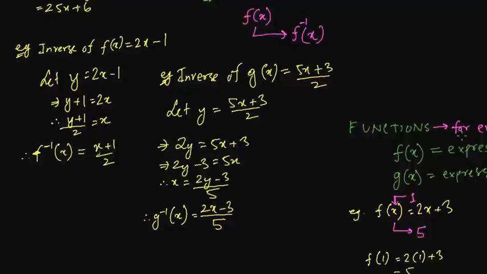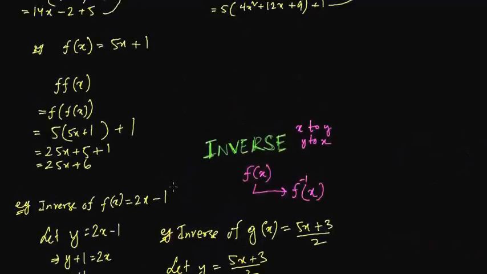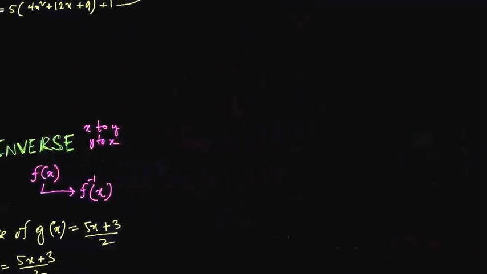So a recap of what we have been doing. The first thing that we need to know is what is a function. A function is any expression which for every individual input has exactly one output, which might look obvious.